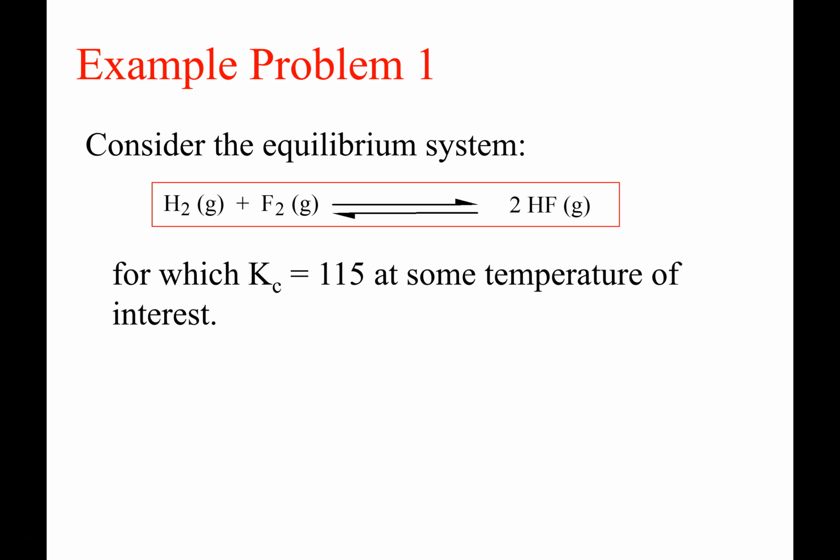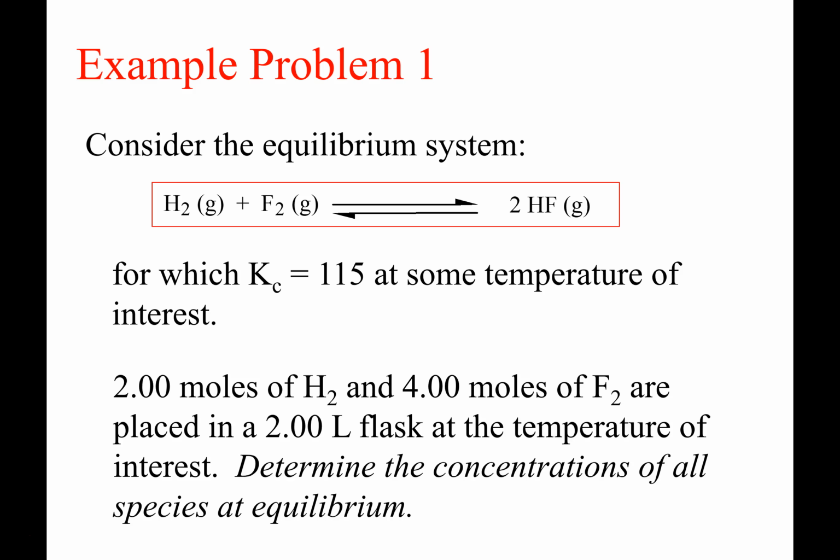So for instance, we have H2 and F2 going to form HF. Your Kc is given, and your initial concentrations of everything are given. Notice in this case, we have 2 moles of H2 and 4 moles of F2, so we only have reactants. One of the tricks to working these sorts of problems is to know which way the reaction is going to go. Does this make sense?